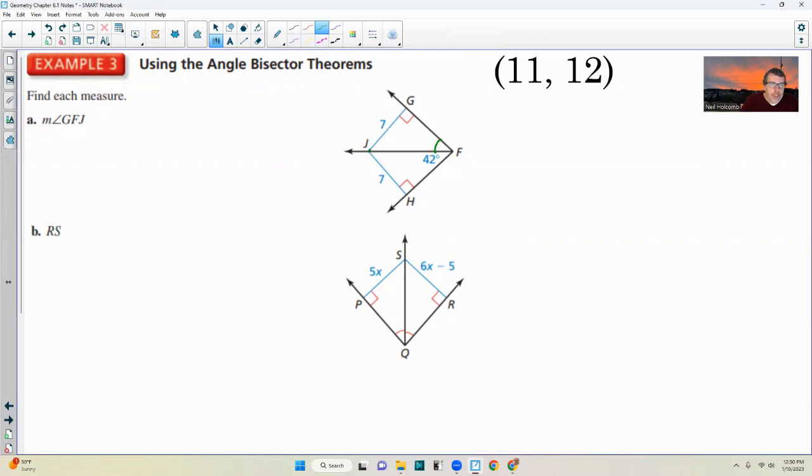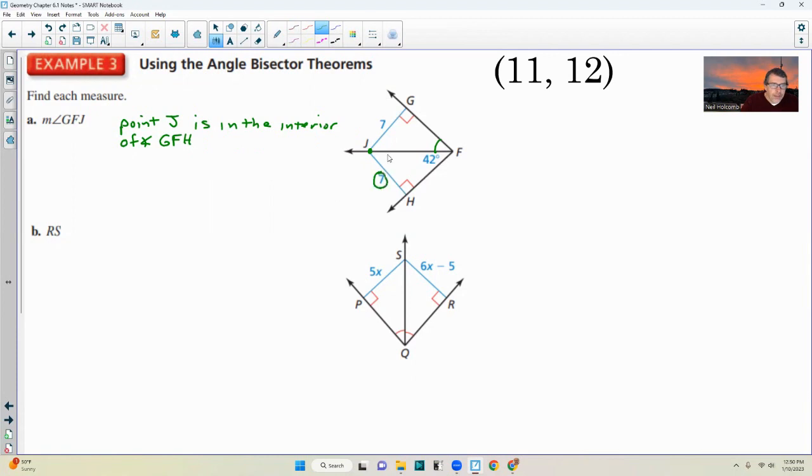Okay, so we have a point J. So point J is in the interior of angle GFH. So point J is in the interior of GFH.